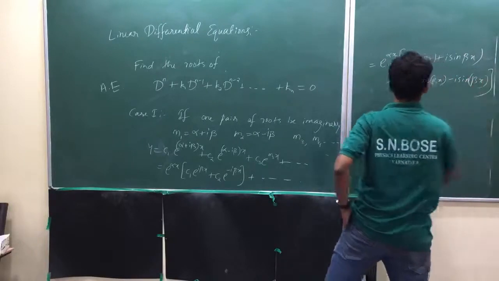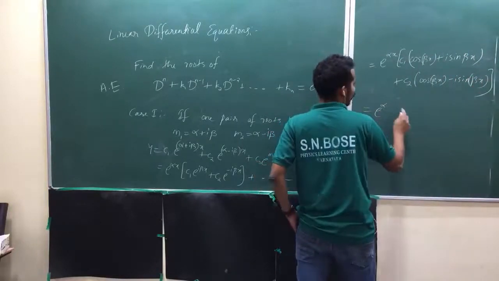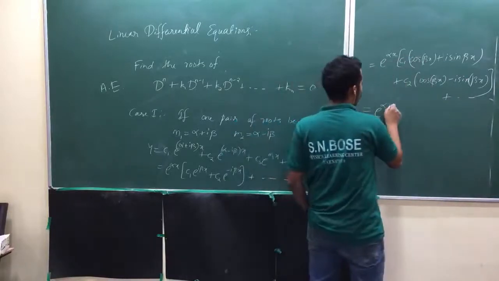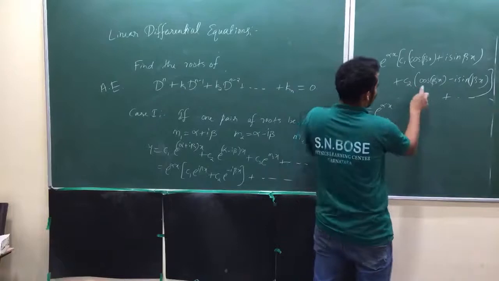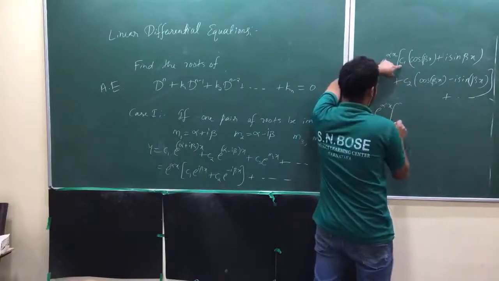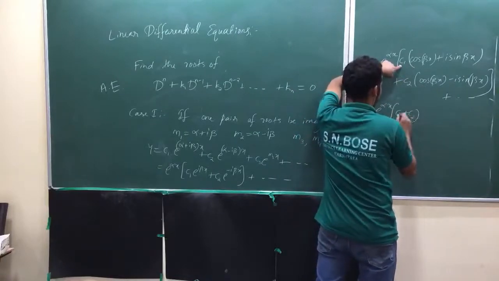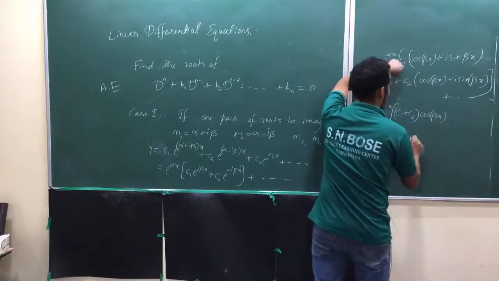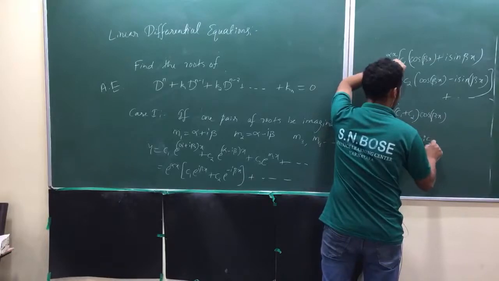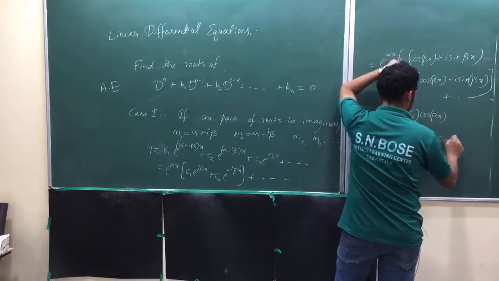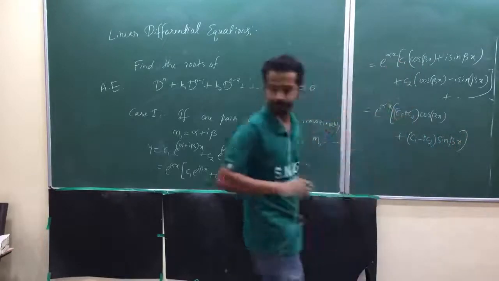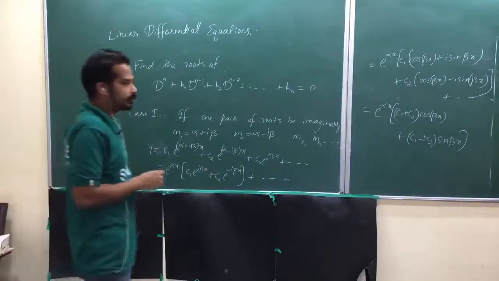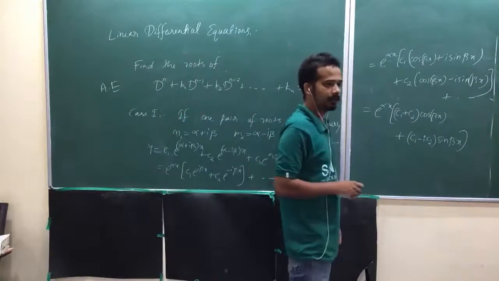When you simplify this one, plus and so on, e power alpha x, I will take cos beta x common by writing c1 plus c2 cos beta x plus c1 minus I c2, check it out, check that out, am I right?